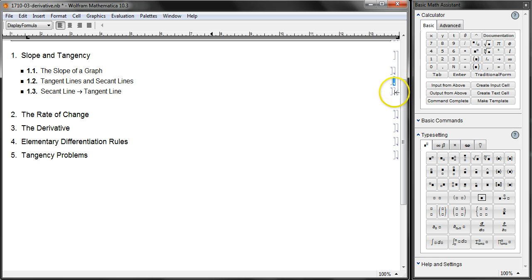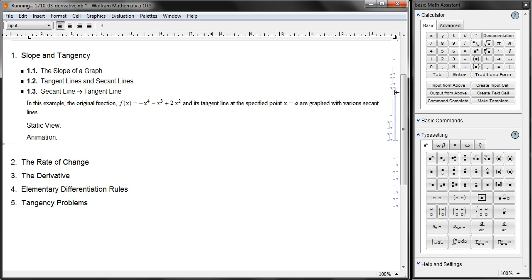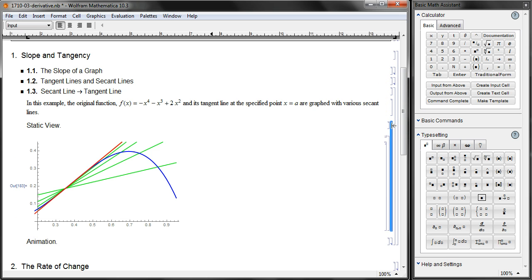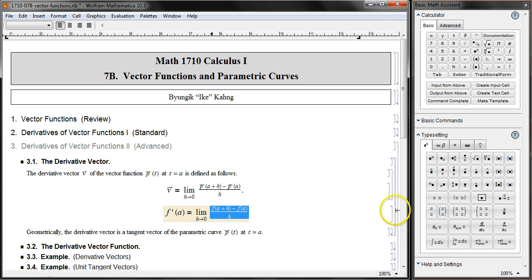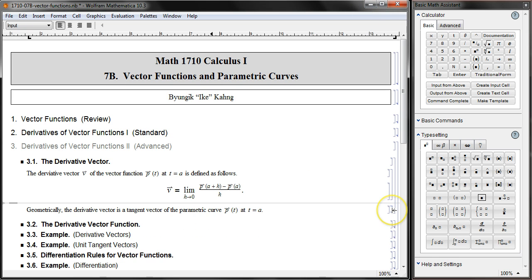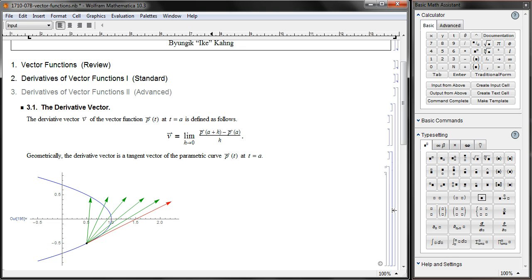And the next program here visualizes the approximation: a bunch of secant lines converging to the tangent line as h gets smaller and smaller. Now let's go back to the vector function, and here is the visualization.